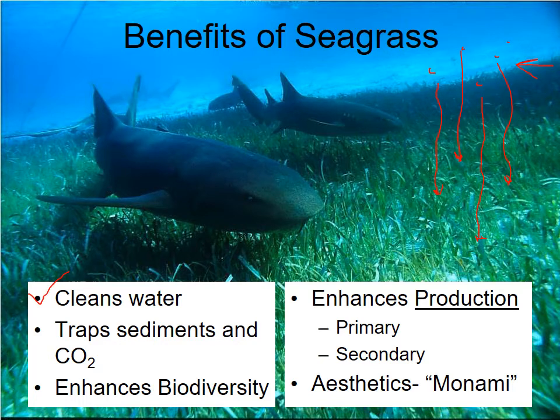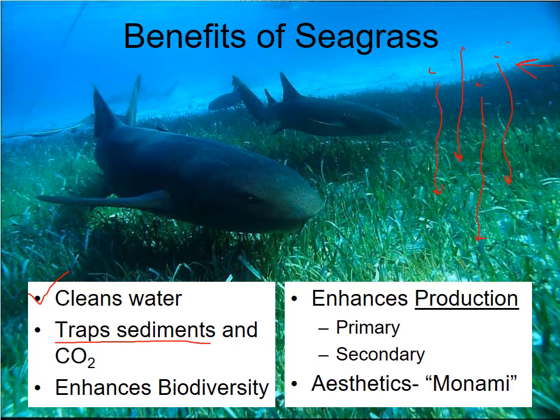And the first part of this sediments idea here, like their blades cause the sediments to settle down into the seagrass bed, and their roots stabilize those sediments from eroding again, and that can sort of build up the sediment layers in a seagrass bed.